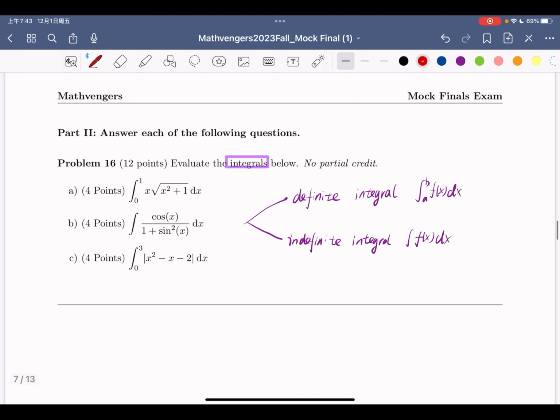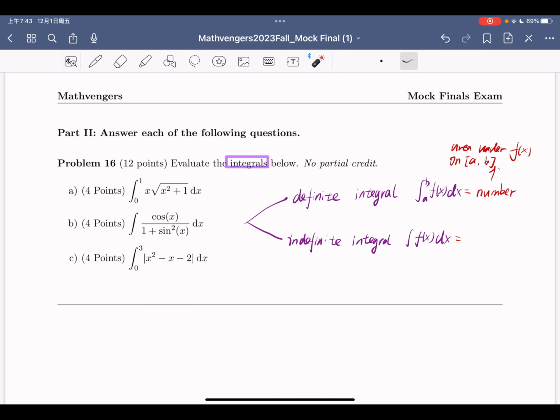Remember that when you say there exist a and b, this thing is equal to a number. And this number is actually the area under the function f(x) on the interval a to b.